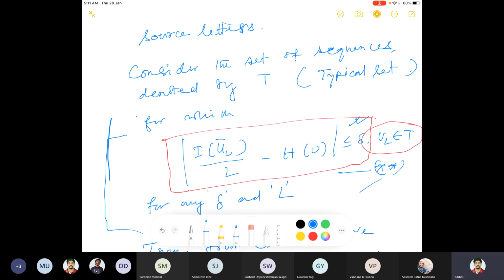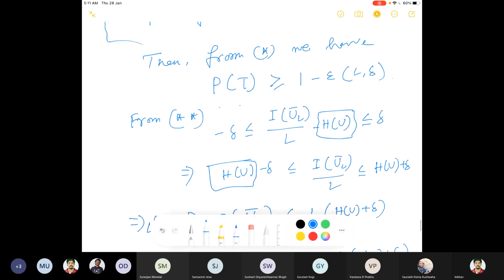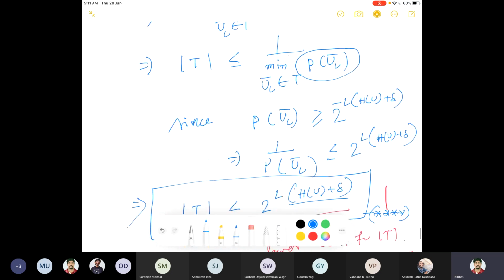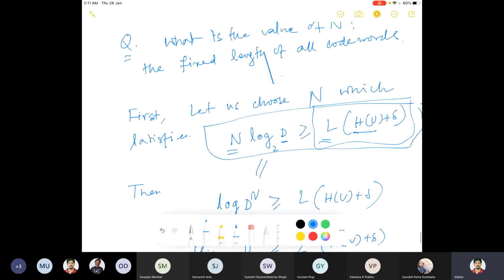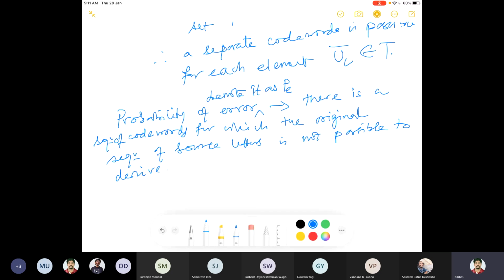Then what can you say about the probability of error? Any idea? Probability of error will definitely depend on delta, right? Why? Because our typical set is defined in terms of delta: the distance between the self-information of U_L divided by L and the entropy is less than or equal to delta. So can I give you a bound?